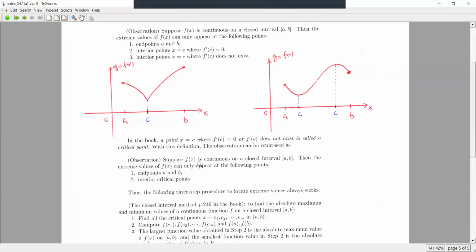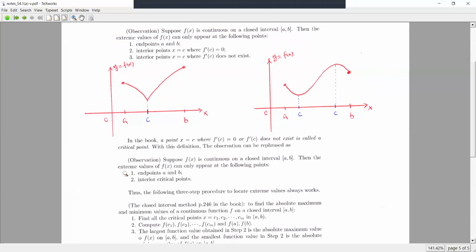Suppose a function is continuous on a closed interval. By the extreme value theorem, the function must have a maximum and a minimum over this interval.